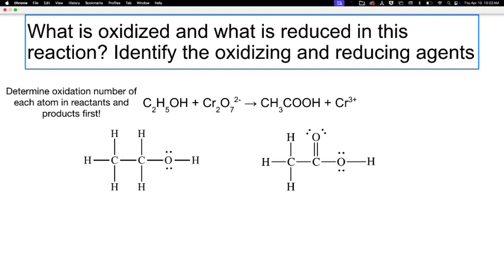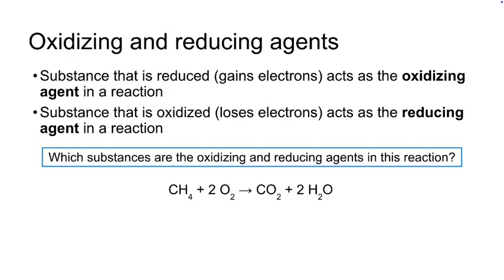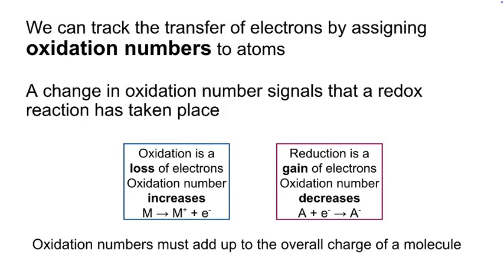Based on what I'm seeing you all working on, I may make changes to how we present it. We're getting a lot of people buckling right around the chromium in Cr2O7. So let's go back and review our rule. When we're looking at our oxidation numbers, they must add up to the overall charge on the molecule.